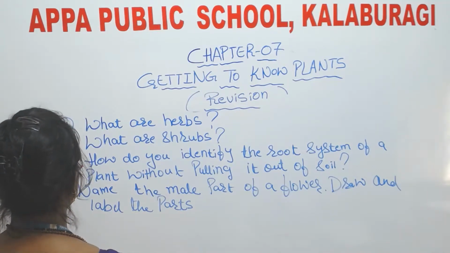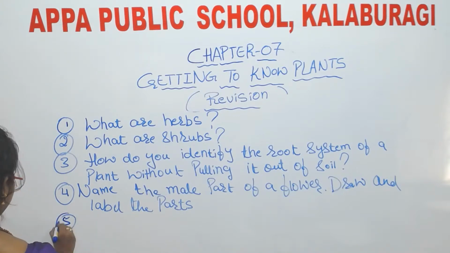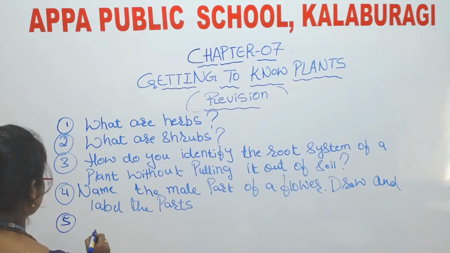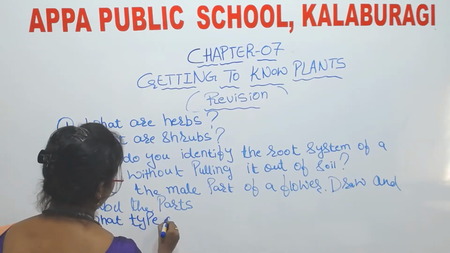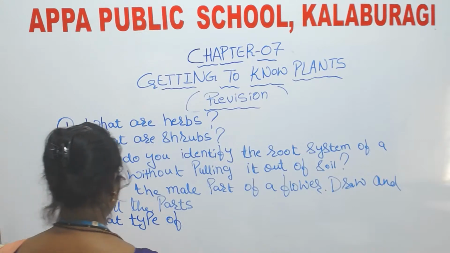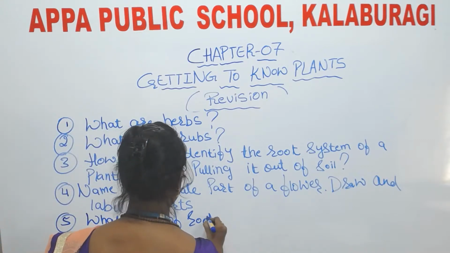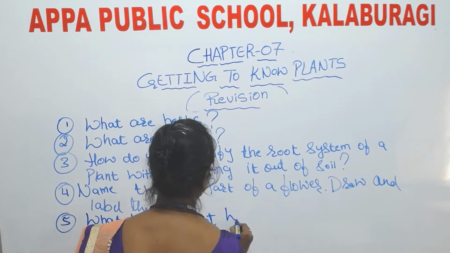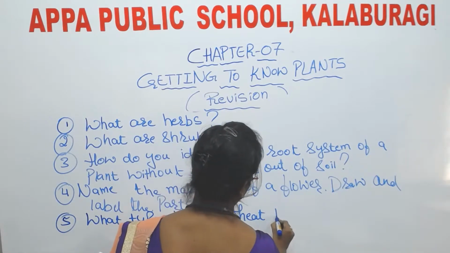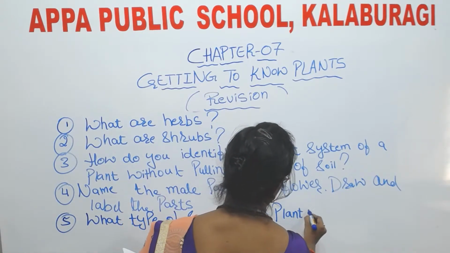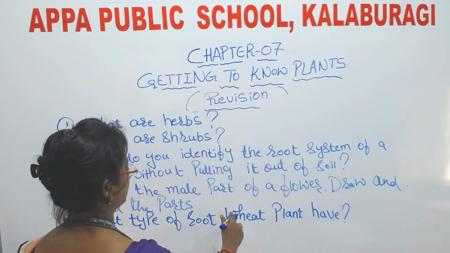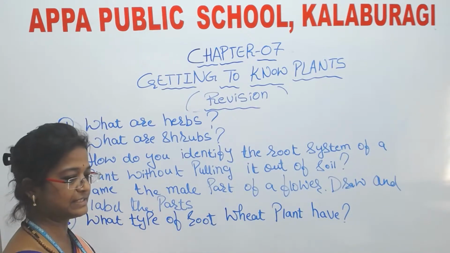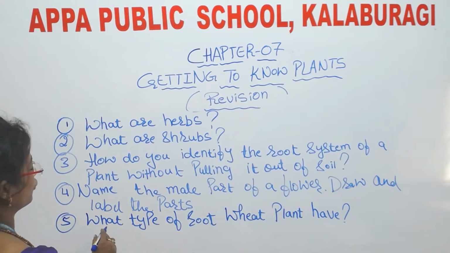The fifth question is, what type of root does a plant have? Just by looking at the leaf of the plant, we can identify the root, isn't it? So here they have asked what type of root the plant has.